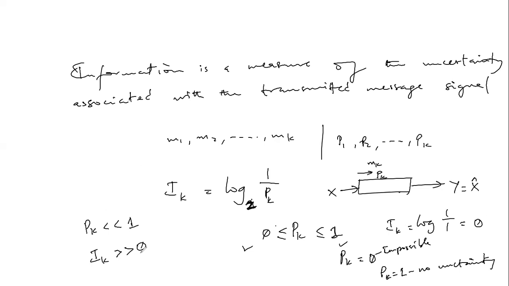And then, should we have, for instance, the following probability distributions, P sub k and P sub j, then the composite information, I sub kj, is the same as the sum of the individual information. And this is very easy to prove.